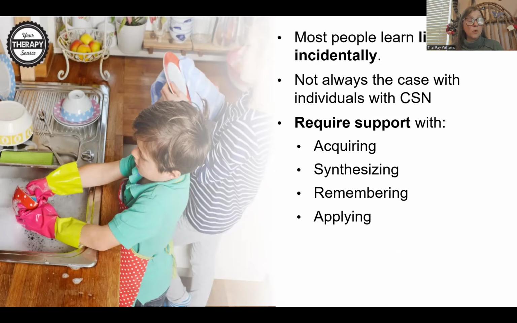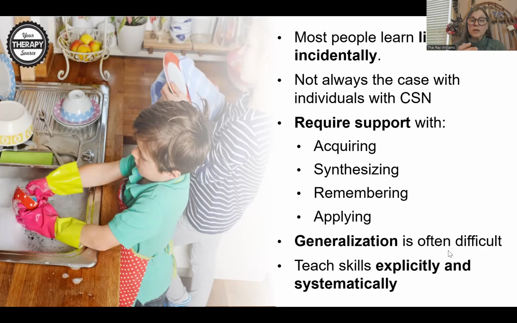So maybe you learn to wash dishes first, then you learn to dry dishes, then you learn to put dishes away. Well, can you synthesize those to complete that whole task when you've learned them individually? Remembering what skills need to be done or the steps within the skills, and then applying the skills in their natural context. And so, as we know, generalization can be difficult for our population. So we have to make sure that we are intentionally, explicitly, and systematically teaching these skills.